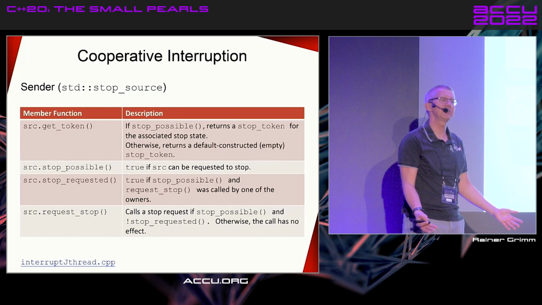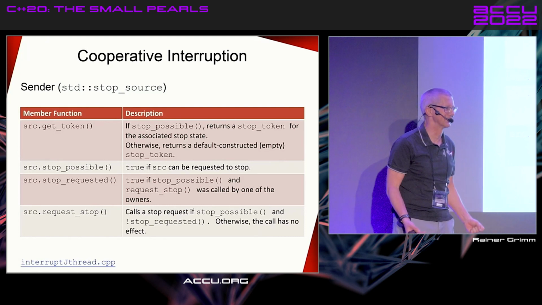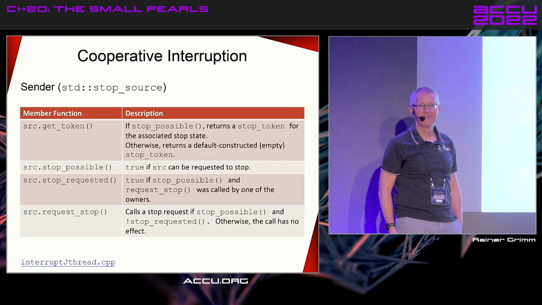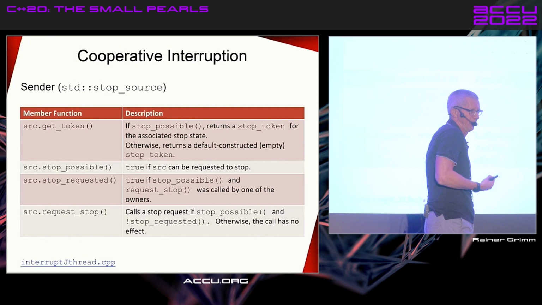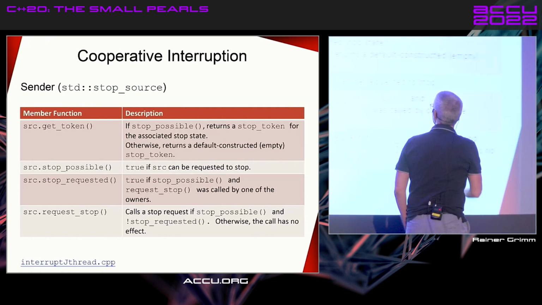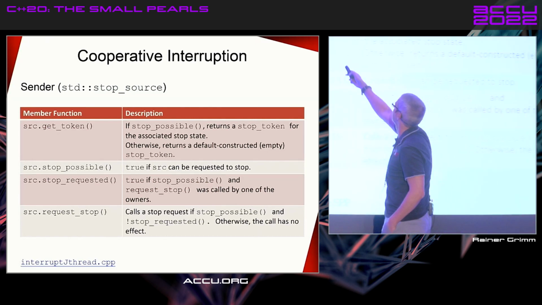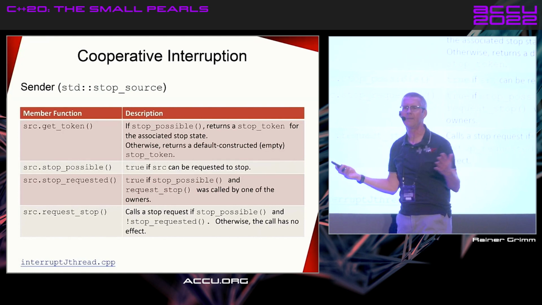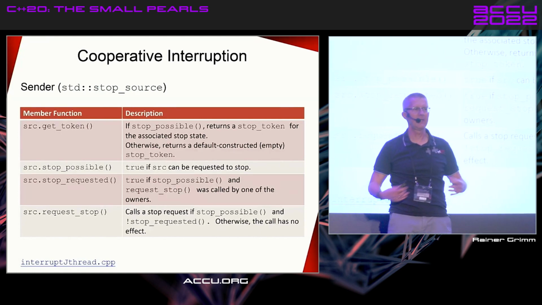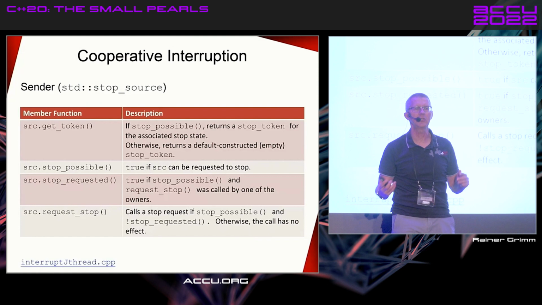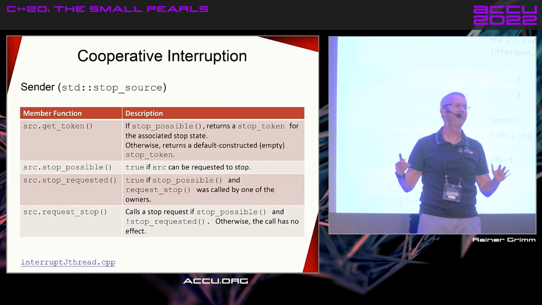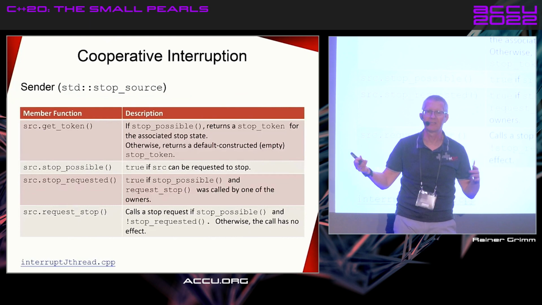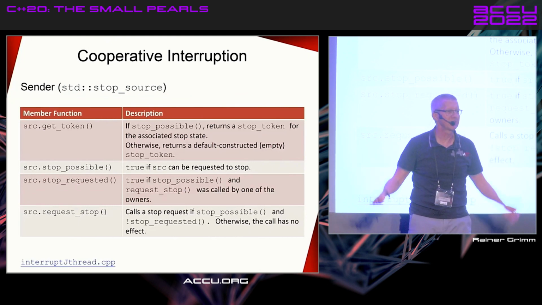You can also use a future only once, or a promise. The same goes here. This is a really quite similar model, at least for me. So here you get a token out of a stop source, and they are connected in some way. And then what you did with a promise and future, you maybe moved a promise to a different thread. Here you do not move them, you can copy them, which is a reference essentially. But essentially it works the same way.